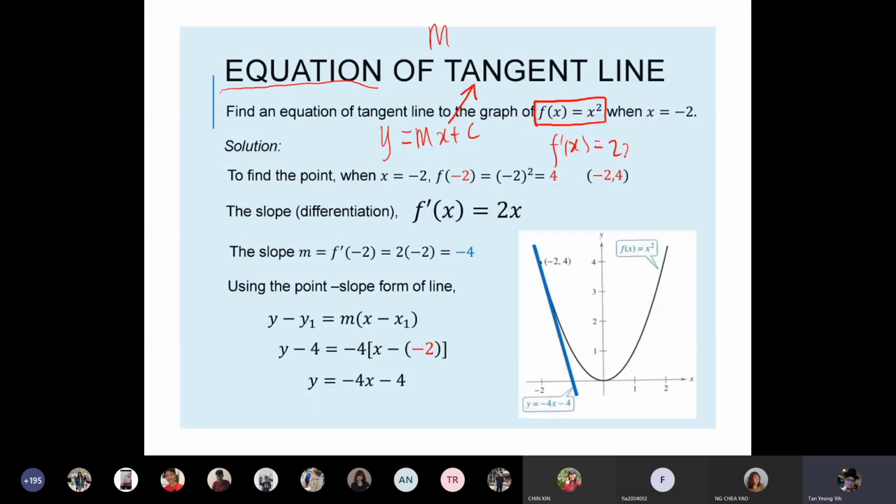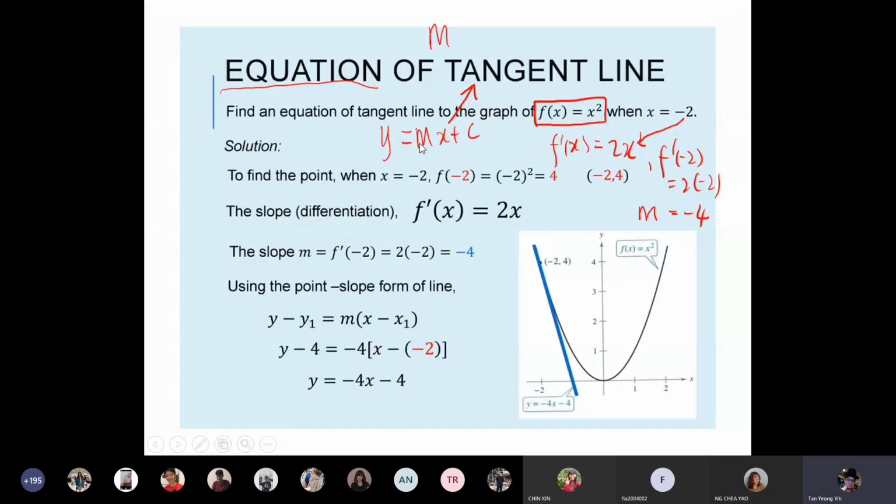Differentiate, we get 2x. To find the slope at this point, when x is -2, we substitute the point -2 into the x. So f prime of -2, we have 2 times -2, we get -4. So this tells us that the slope is -4.